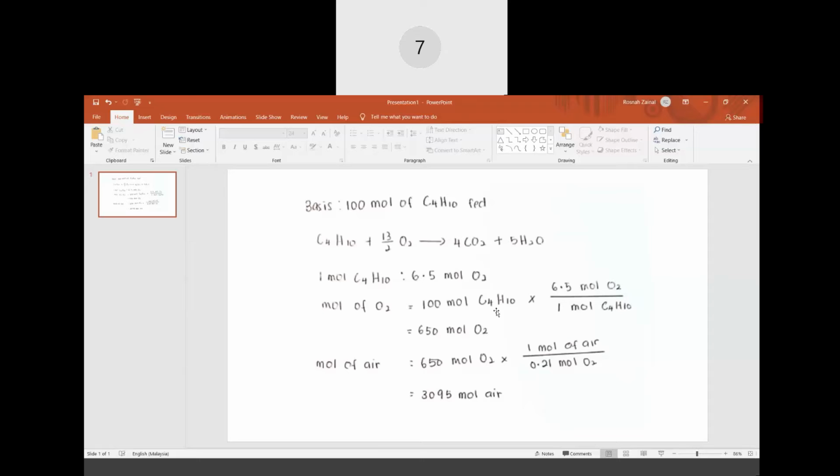Given that in air there is 21% of oxygen, 650 mole of oxygen times 1 mole of air per 0.21 mole of oxygen in the air, and then we get 3095 mole of air fed into the reactor. Okay, understood.